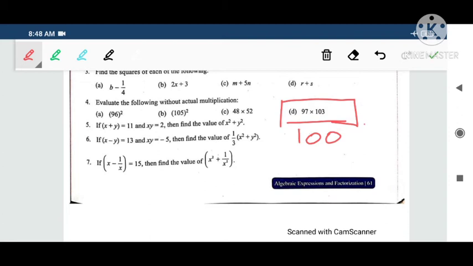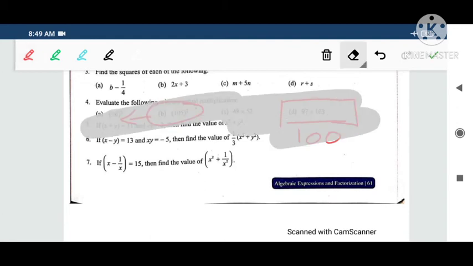Listen, in the second question, 105 is A, but here it is (a minus b) whole square, and the second one is (a plus b) whole square. But C and D are both the same, only the nearest value, instead of 50, is 100. So observe question number C, and you can complete question number D as homework.